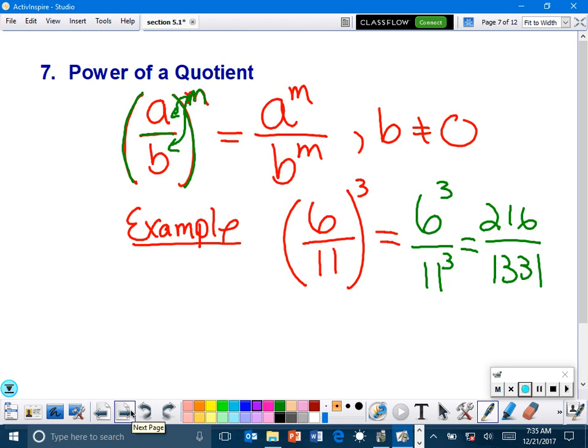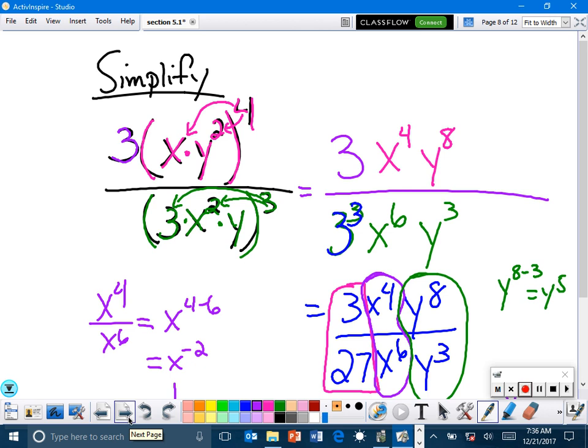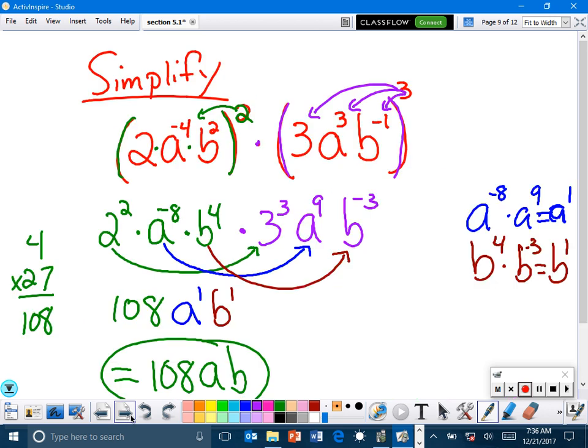So we've got a numerator and denominator, two different bases, all grouped to an exponent, to some power, and that exponent goes to everything inside, top and bottom. Simplifying, we applied the rules to these problems where you have to break it up, simplify it as much as possible. And here's another one.